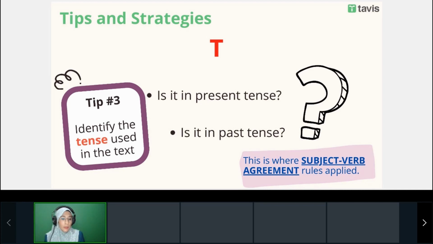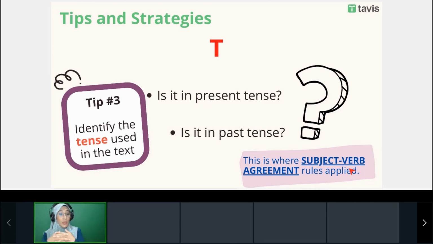And here is where subject verb agreement rules apply. So subject verb agreement is very important. They have to agree with one another. You have to have your subject and your verb and they must agree. We don't want them to collide, right? We don't want them to fight with one another.